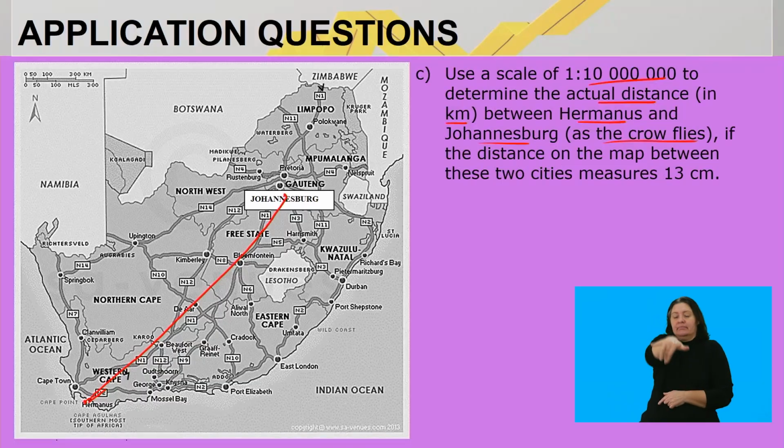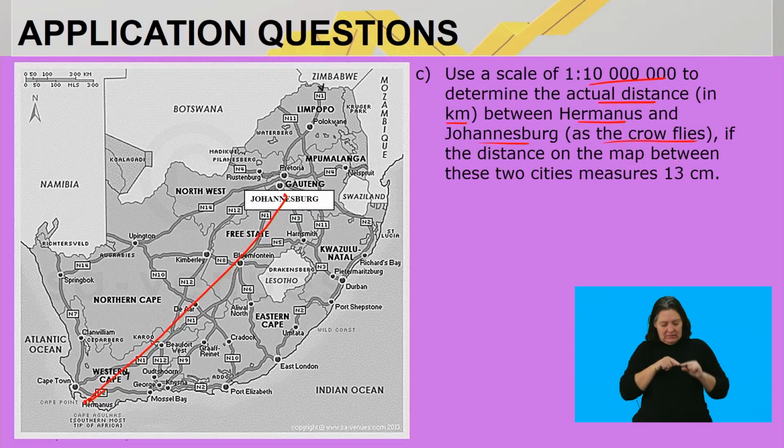Okay, it's not via the given route, for example. And we say, if the distance on the map between these two cities measures 13 centimeters. All right, so we are saying from here to there measures 13 centimeters. We must use the scale of 1:10 million to determine the actual distance, right, in kilometers.